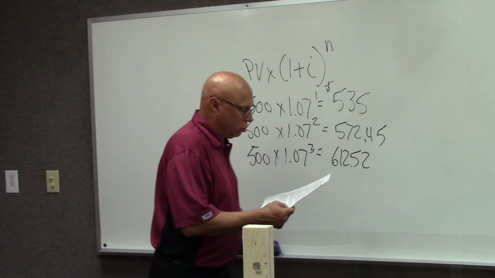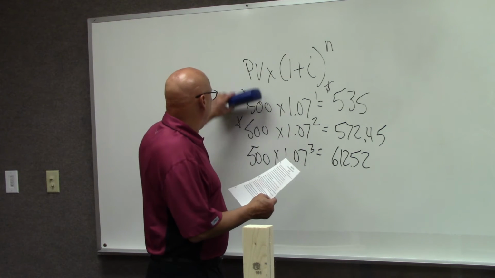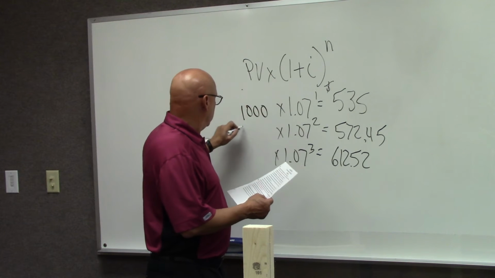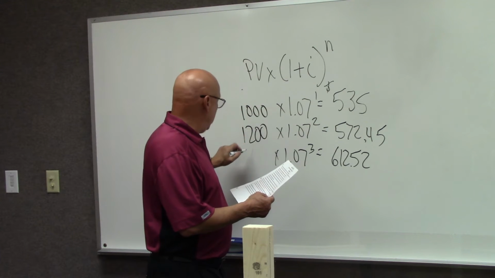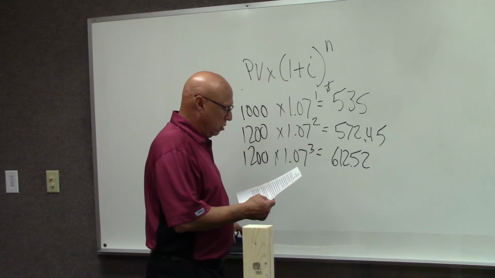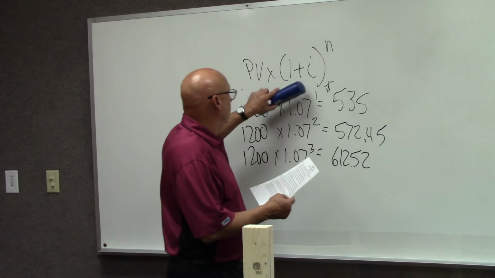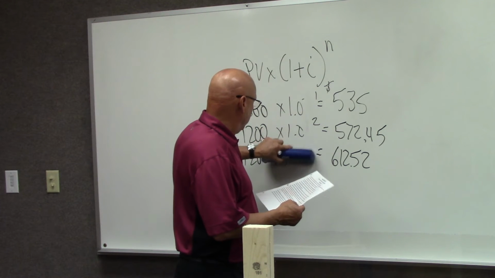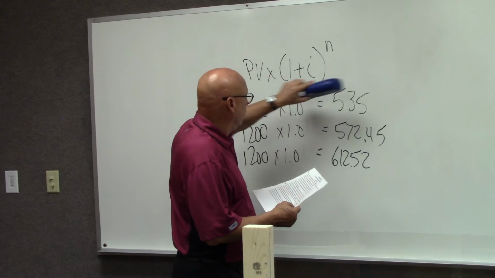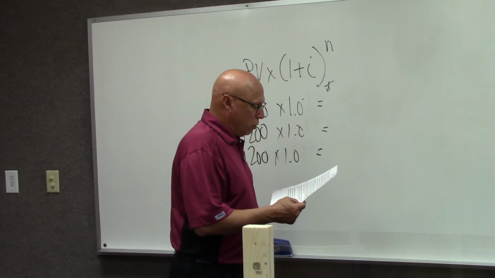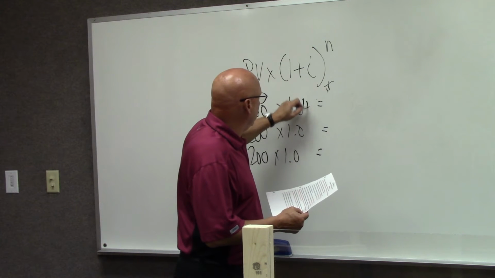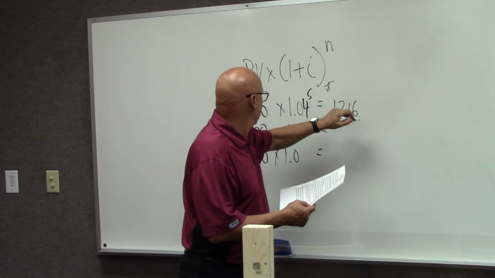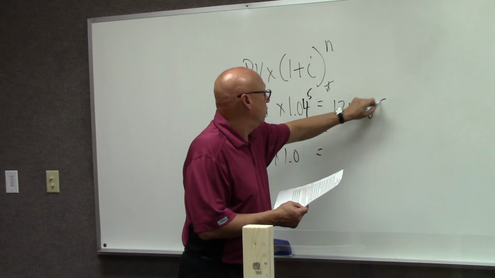All right, now let's change the numbers here. Let's say it's $1,000, $1,200, and $1,200. Those are the numbers. We have 4% for 5 years, 1.04 raised to the fifth, and we get 1216.65.